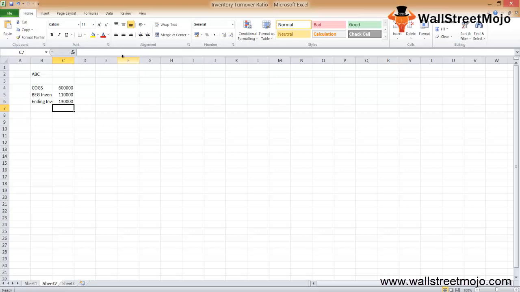So let's try and evaluate the formula over here. The first and foremost thing we need to start with is the average inventory of ABC Limited. The average inventory is equal to, open the bracket, the beginning inventory and the closing inventory, divided by 2.